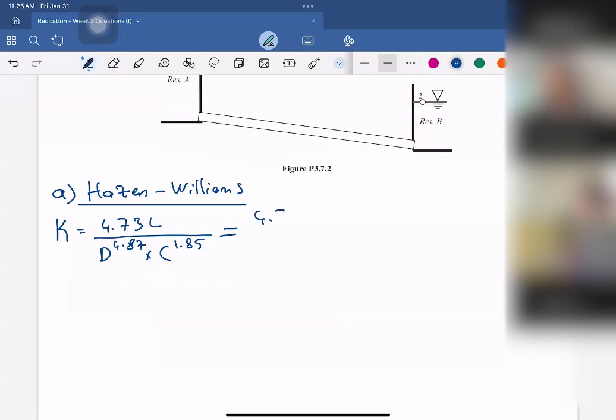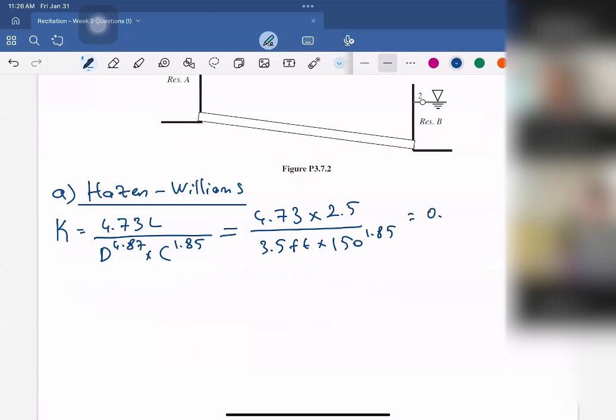So from there, 4.73 times the length, which is 2.5 miles. The diameter is 3.5 feet times C over 1.85.